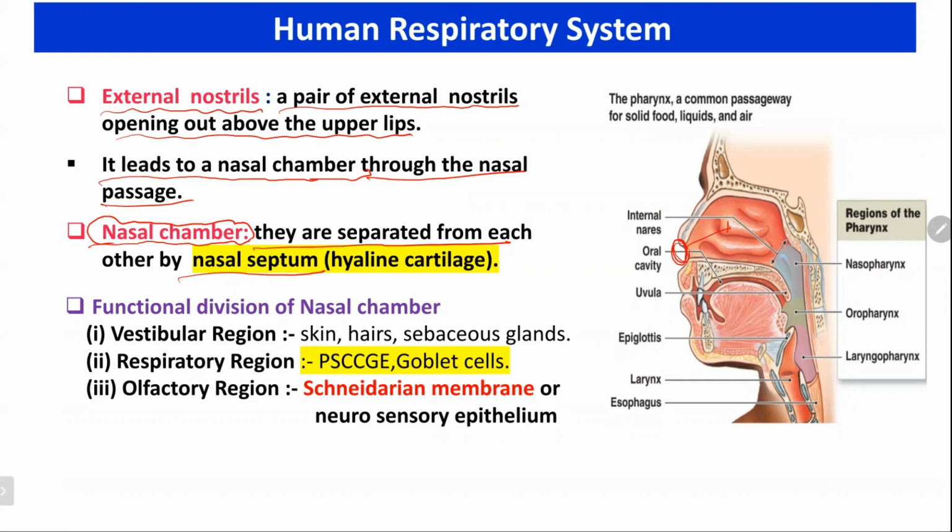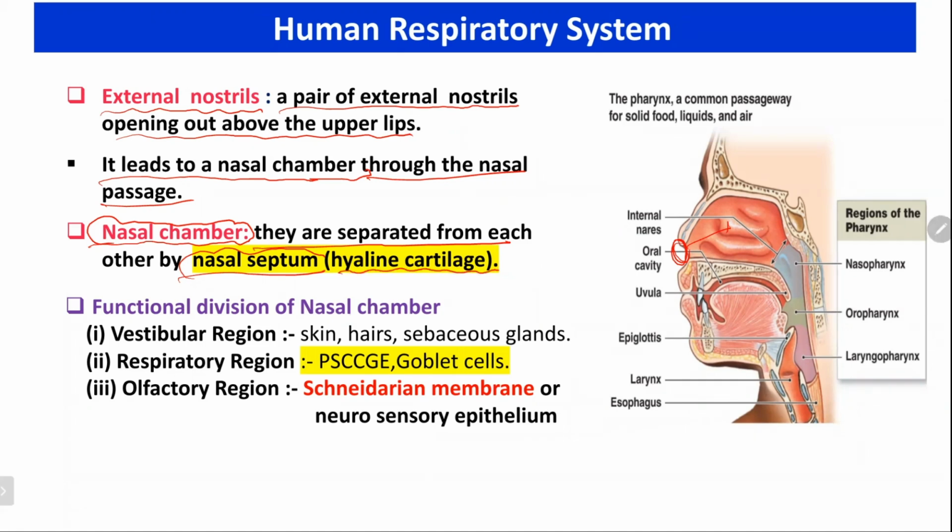Nasal chamber, external nostrils open into what? Nasal chambers, and nasal chambers are separated from each other by means of what? Nasal septum. So you can even see nasal septum in your nose. So two chambers are separated from each other by means of a vertical partition, and that partition is called nasal septum. And this nasal septum is made up of cartilage. So this is another important point you need to remember.